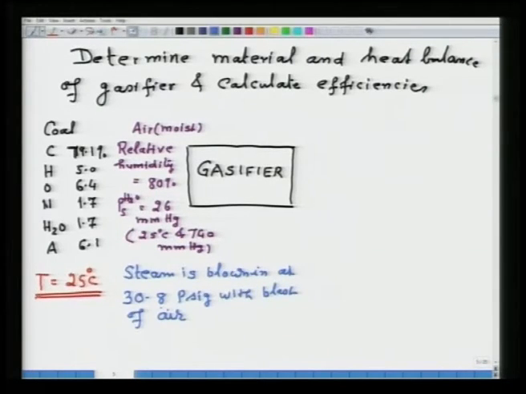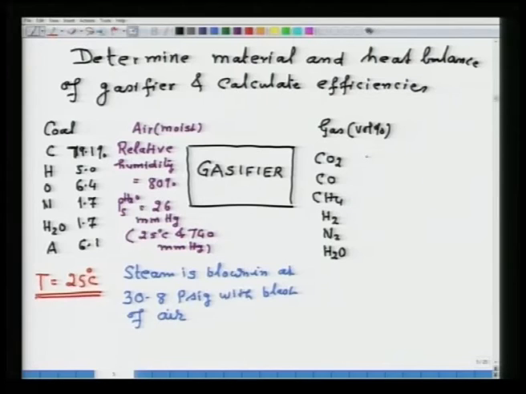That is given. Now, in the output it is given the gas which is forming, and its analysis, remember, is on volume percent. It has CO2, CO, CH4, hydrogen, nitrogen, and H2O.